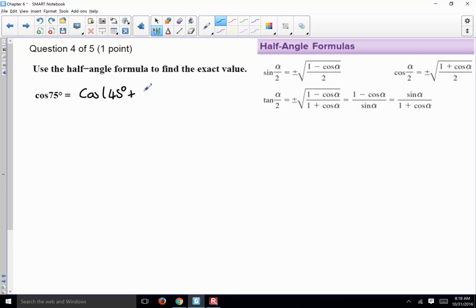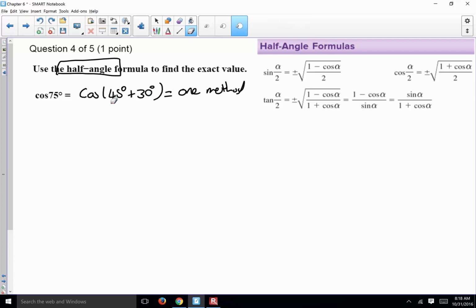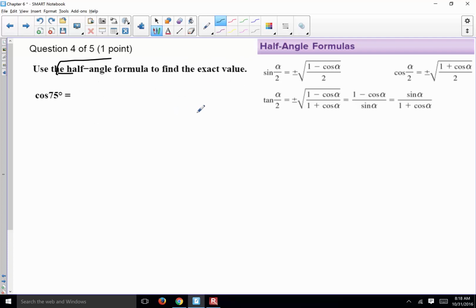You can use this sum of angles in cosine, summation formula, addition formula. But since they push us to use half angle formula, I'm not gonna do this. This is one way, one method is this. Put 45 and 30 here, compute. But since they say half angle formula, I'm going to apply half angle formula for cosine.